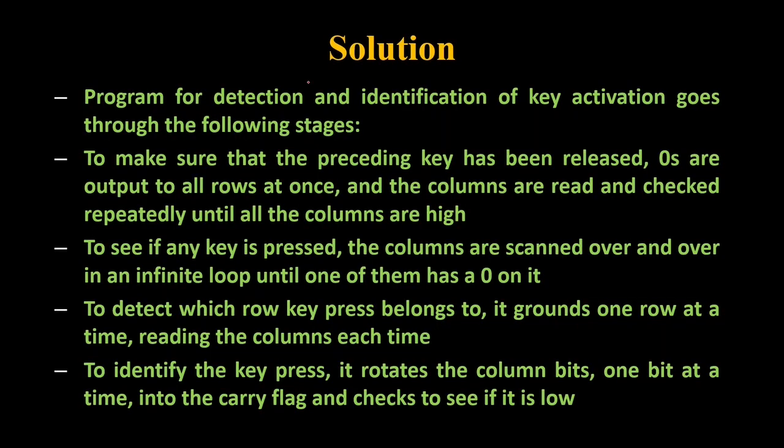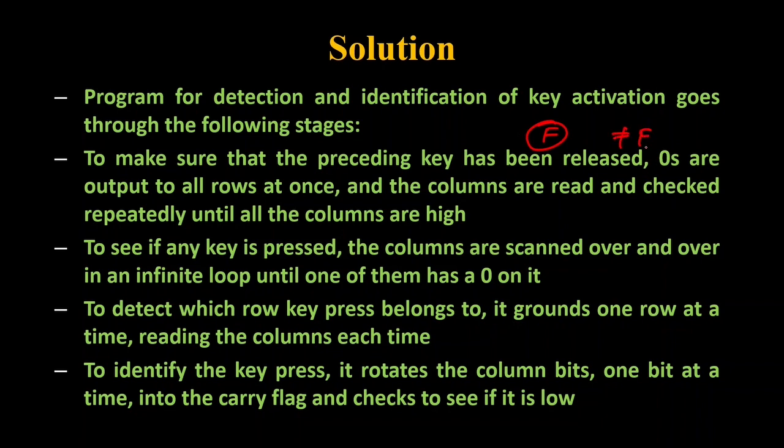The program detects and identifies the key activation through the following stages. First make sure that the preceding key has been released. What is being conveyed? If any of your keys is stuck from the previous stage, then with a key pressed you will never get the value F, which means every time you will get a value not equal to F at your input port.